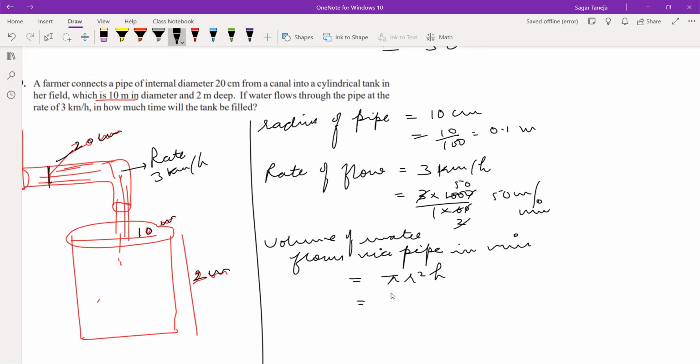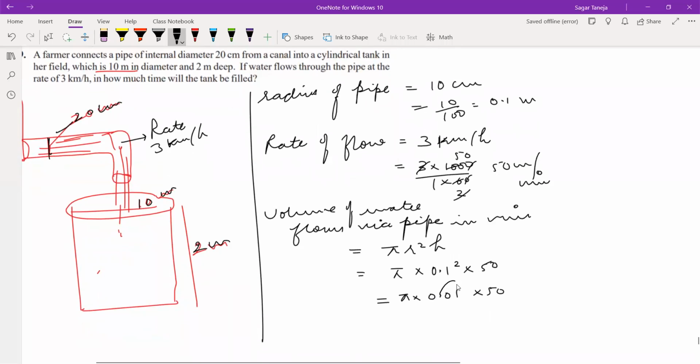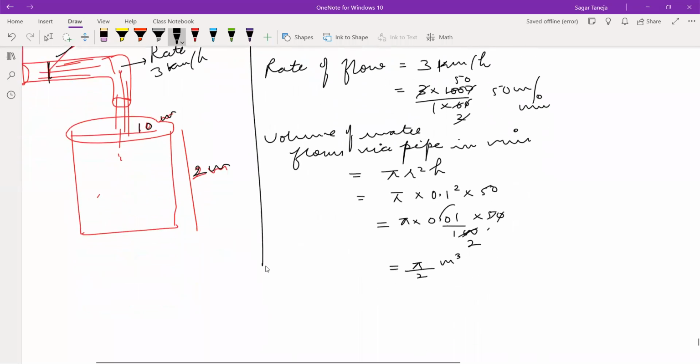So that is pi into 0.1 square, and h we have to use 50 meters. So it is 0.01 into 50 multiplied by pi. This and this. So it is 2. So pi by 2 meter cube of water will flow in 1 minute.